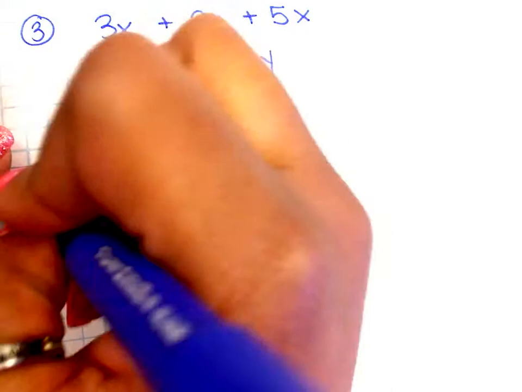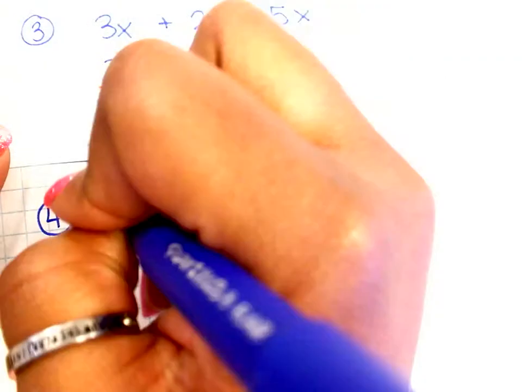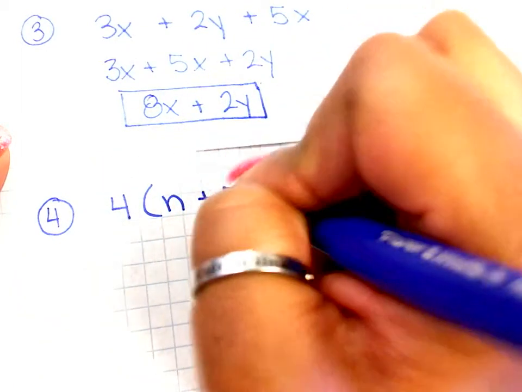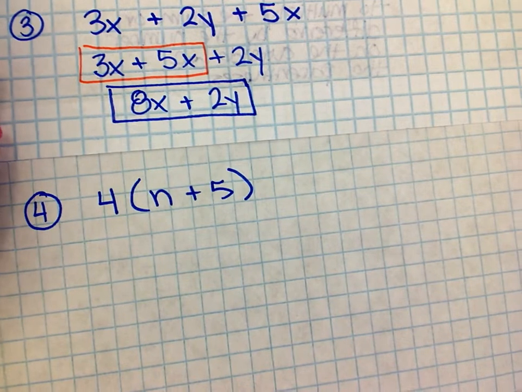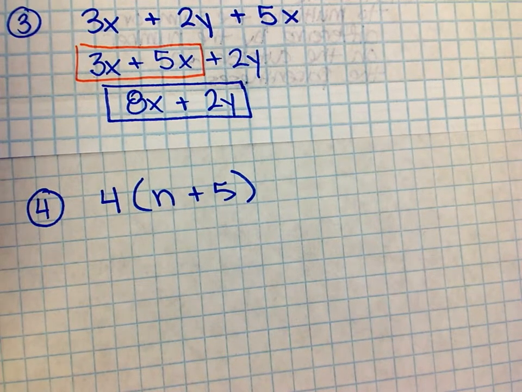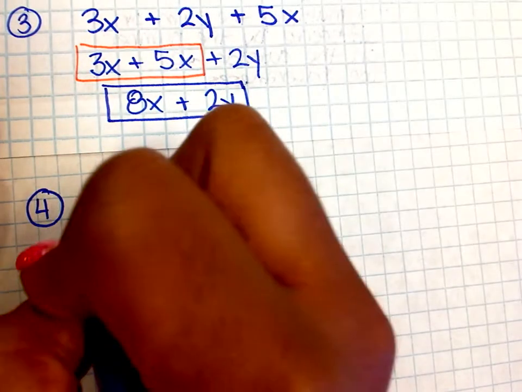Now, let's go to the distributive part of the lesson. You might have something that looks like this: 4(n plus 5). Step 1.